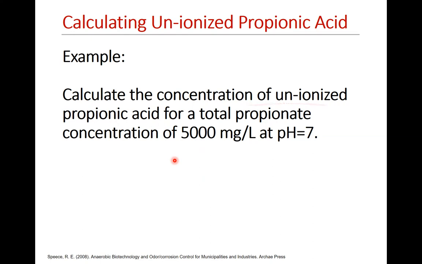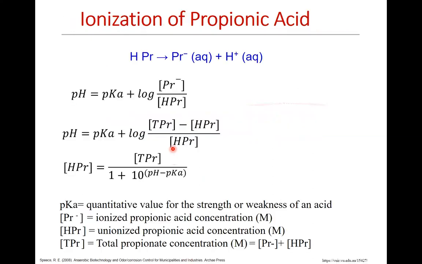As you know, the unionized form of propionic acid is in equilibrium with the ionized propionic acid. And of course, we have here the concentration of hydrogen ion, which is basically a measure of the pH.